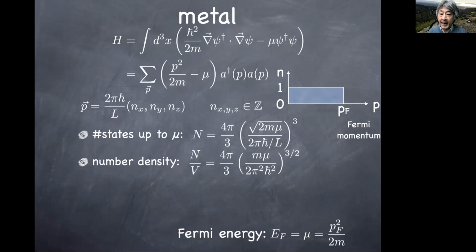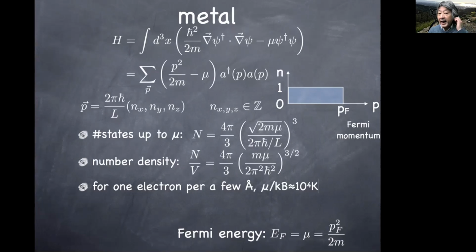Then the number density N over V is given by this quantity, just dividing this by the volume L cubed. And in a metal, you basically have maybe 1 electron per ion at a given site of the lattice. Maybe you have a few, depending on what kind of atoms you have in your system.